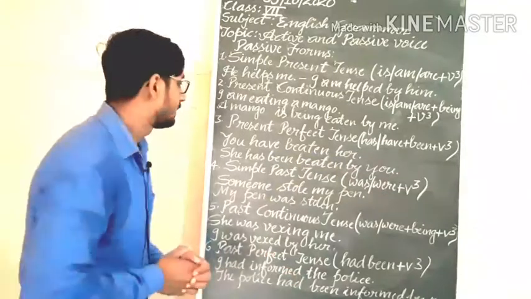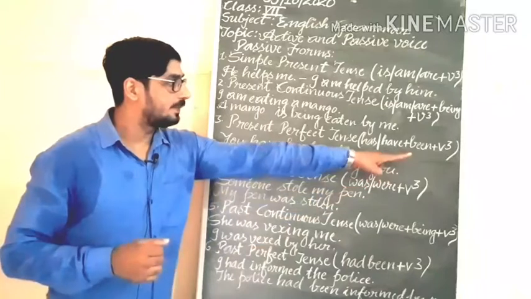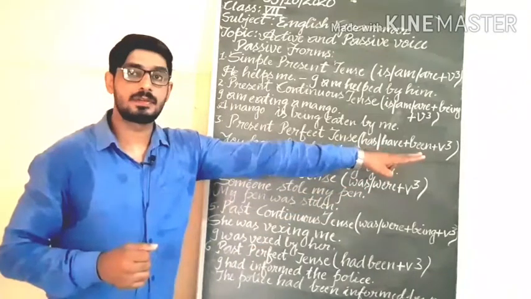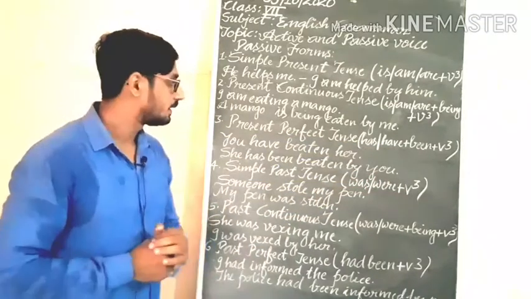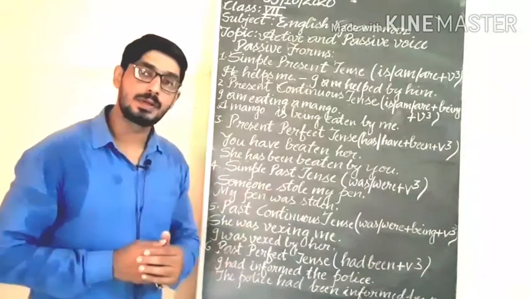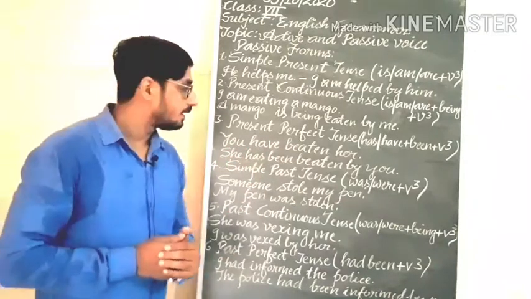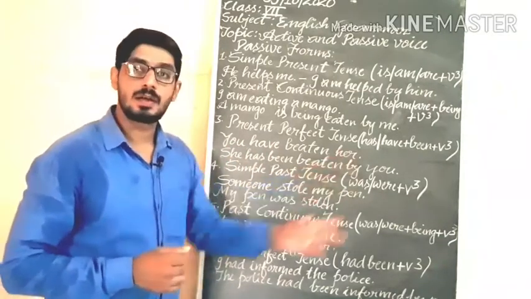Understand? In present perfect tense, has, have plus been plus verb third form. Look at the examples. You have beaten her. Here, you is the subject and her is the object.